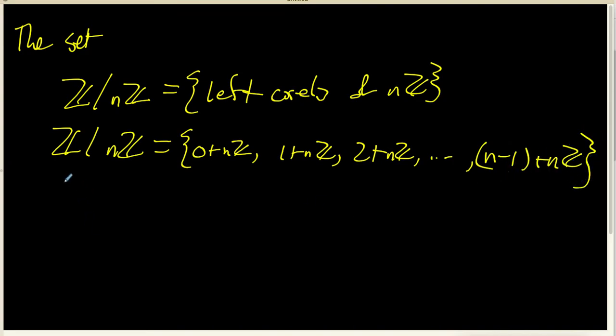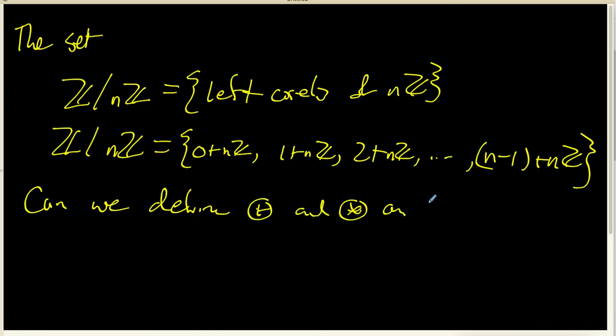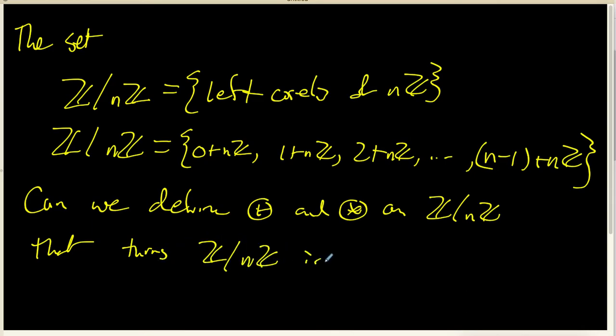And so the question is, can we define a plus and a times on Z mod nZ that turns the set of left cosets into a full-fledged ring?